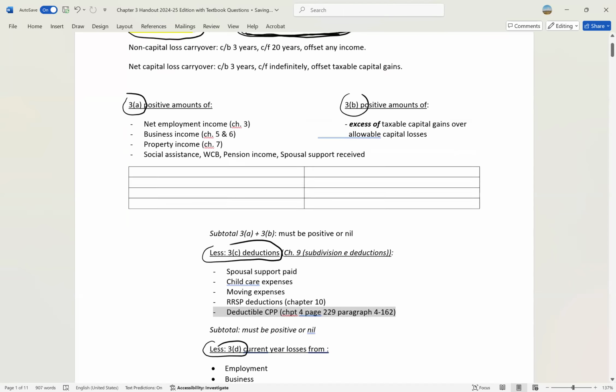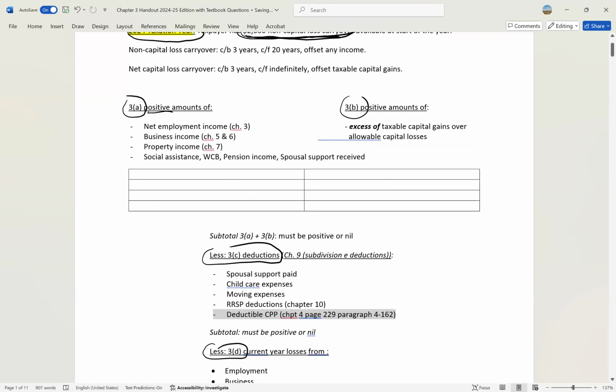When we're talking about 3A, we include positive amounts of net employment income and business income. So if you're a sole proprietorship, you include the business income if it's positive in 3A. Any property income, which would be passive income such as rental income, interest income, dividends, royalties.